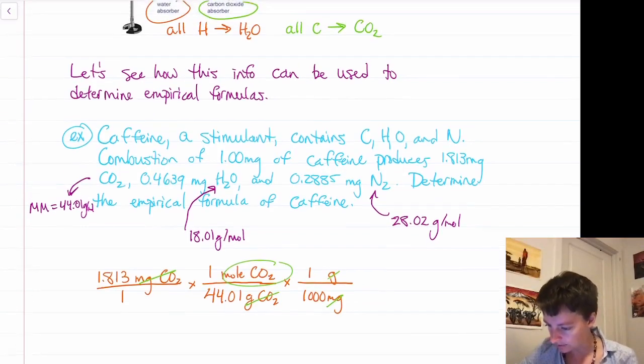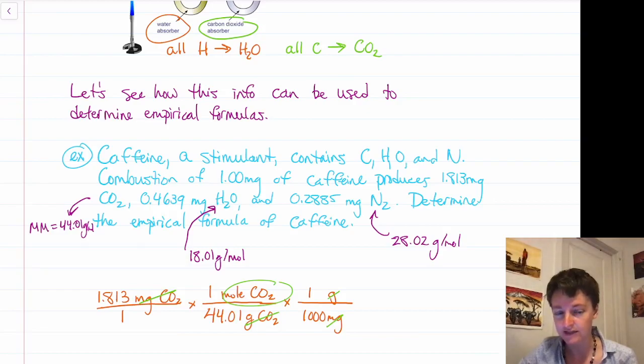This is where we're going to use our fact about combustion analysis to figure out how many moles of carbon atoms that corresponds to. And the trick is to recognize that for every 1 mole of carbon dioxide, I have 1 mole of carbon atoms. Again, that's because of the molecular formula of CO2.